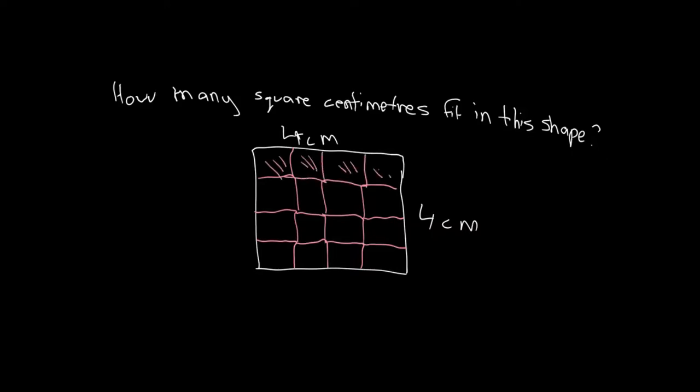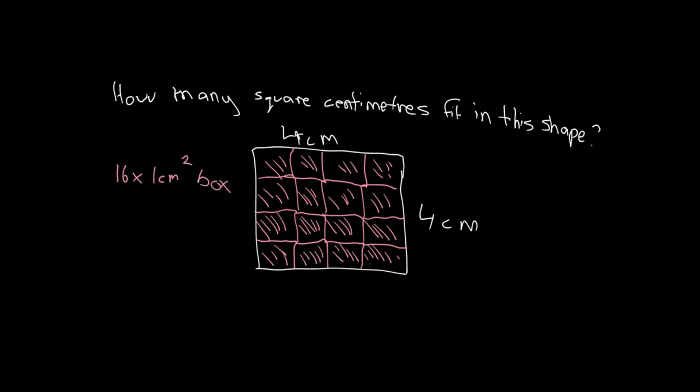So in total, if I count up all of these little boxes, I've got 4 on the top, 4 on the next row, 4 on the next row, 4 on the next row. I'm going to have 16 lots of my 1 centimeter squared box, which I can write as 16 times 1 centimeter squared, which is just 16 centimeters squared. So that is the area of that shape.